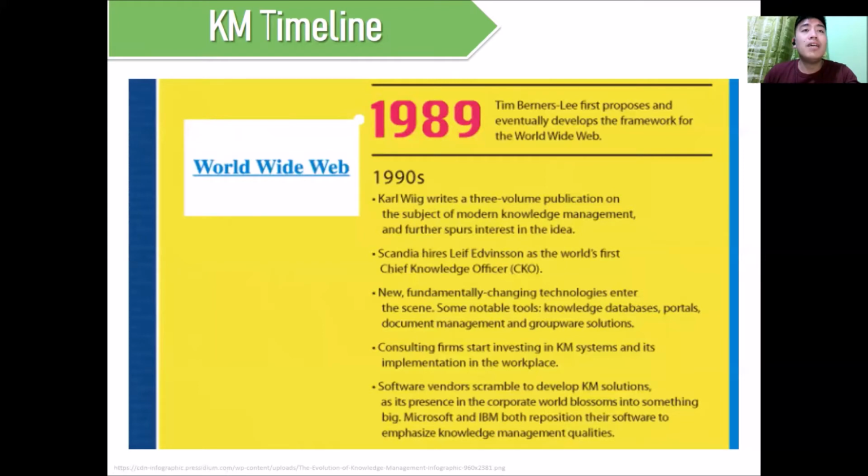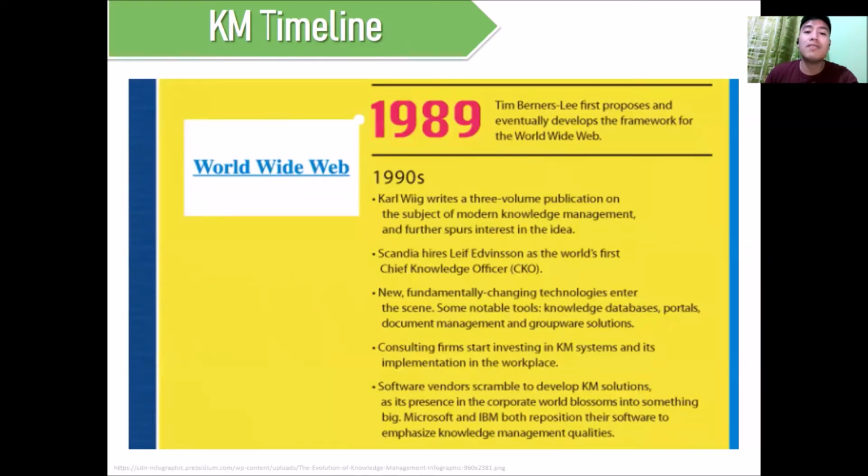Skandia hires Leif Edvinsson as the world's first chief knowledge officer. New, fundamentally changing technologies enter the scene. Some notable tools like knowledge databases, portals, document management, and groupware solutions also started in the 1990s.